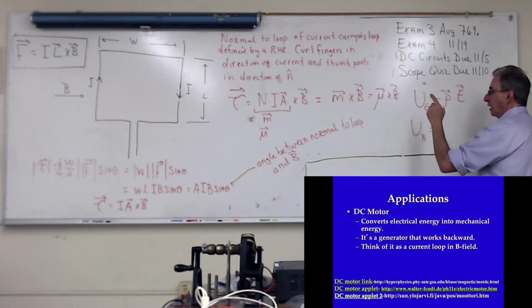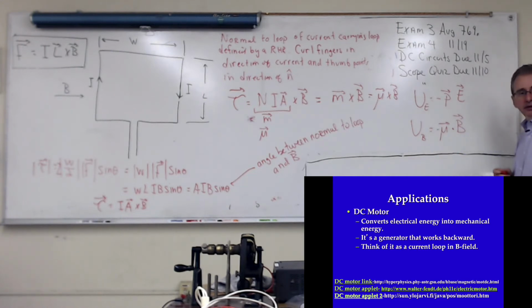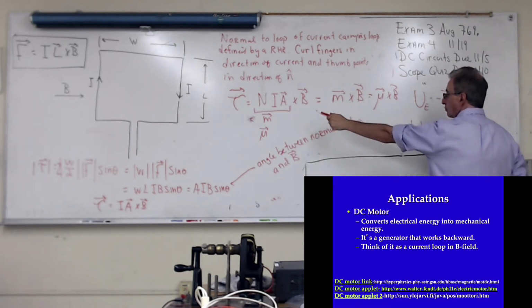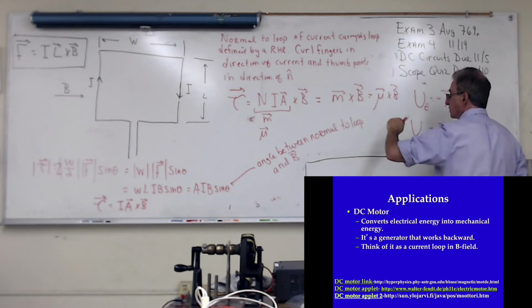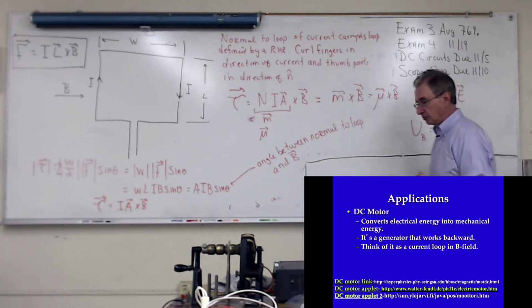So if you have a dipole in a magnetic field, the energy stored is minus mu dot B. And again, all you've got to do is integrate this expression over a range of angles, and you can get this expression. I'm not going to derive it. Okay, you can take a look at your book.